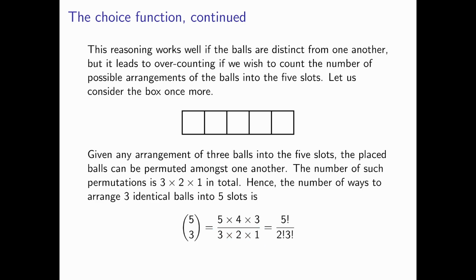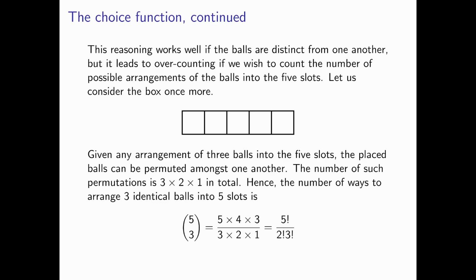So this can be written also using factorial notation in the following way. And in this notation, we get that this expression up here is just equal to 5 factorial divided by 2 factorial, and then the denominator here is just the 3 factorial here. So that's how these work and how they interplay with one another.